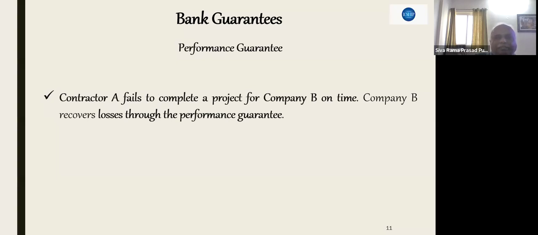Performance guarantee. Contractor A fails to complete the project for company B on time. Company B recovers the losses through the performance guarantee. Here, financial guarantee, performance guarantee is there, but banks are not issuing performance guarantee. The banks will ask the applicant to convert the performance guarantee into financial terms. Suppose the road is to be completed within 2 years.